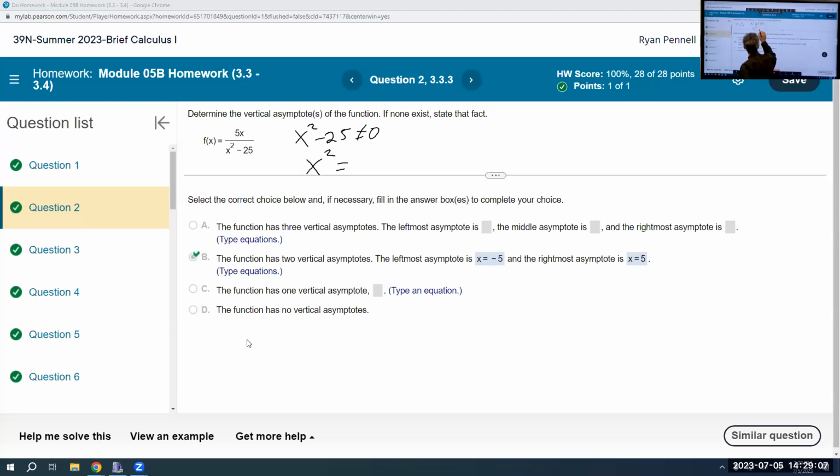X squared cannot equal 25. Where does that happen? X cannot equal plus or minus 5. It means we have two vertical asymptotes occurring here. Two of them. X equals -5, x equals 5.